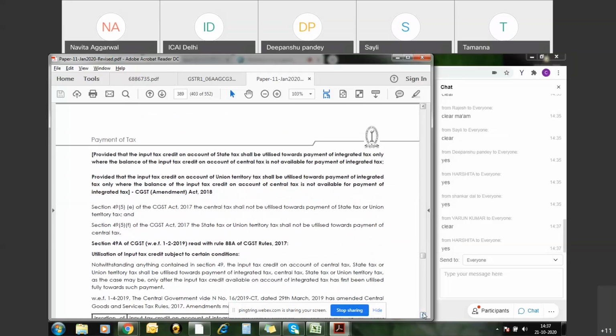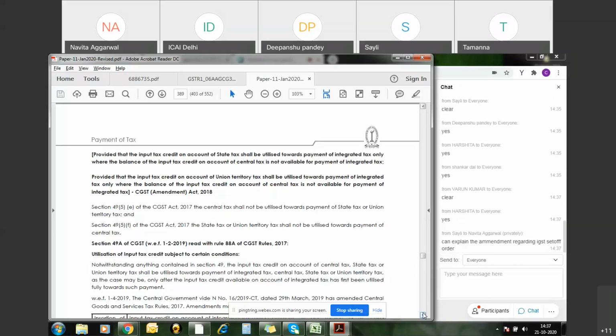Now one amendment has been made: provided that the input tax credit on account of Union Territory tax shall be utilized towards payment of integrated tax only when the balance of the input tax credit on account of central tax is not available for payment of the integrated tax.